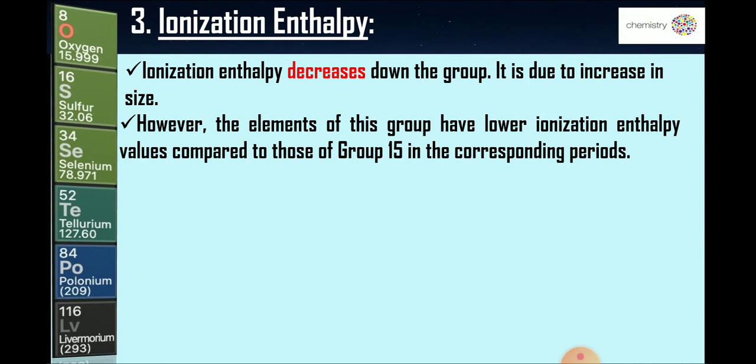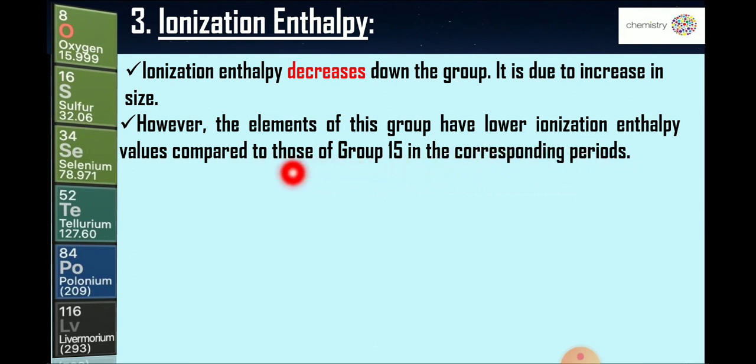So when it increases along the period, it means group 14 will have higher ionization enthalpy compared to 13, 15 higher compared to 14, 16 higher compared to 15. But look at this exceptional case. However, the elements of group number 16 have lower ionization values compared to group number 15 in the corresponding period.